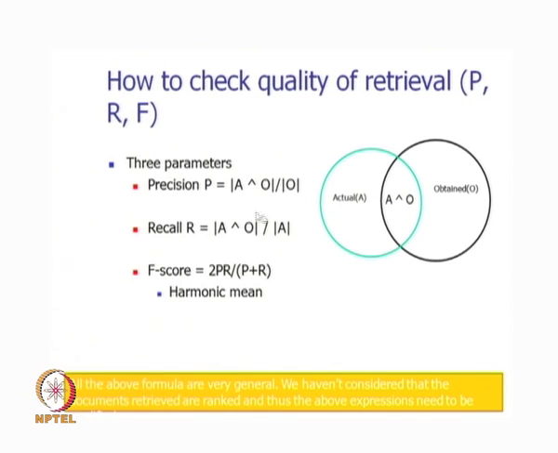F score is obtained from the harmonic mean of P and R, 2 into P into R divided by P plus R, and we remarked last time that if one improves on harmonic mean, automatically geometric mean and arithmetic mean also improve, because harmonic mean is the least of these three means.